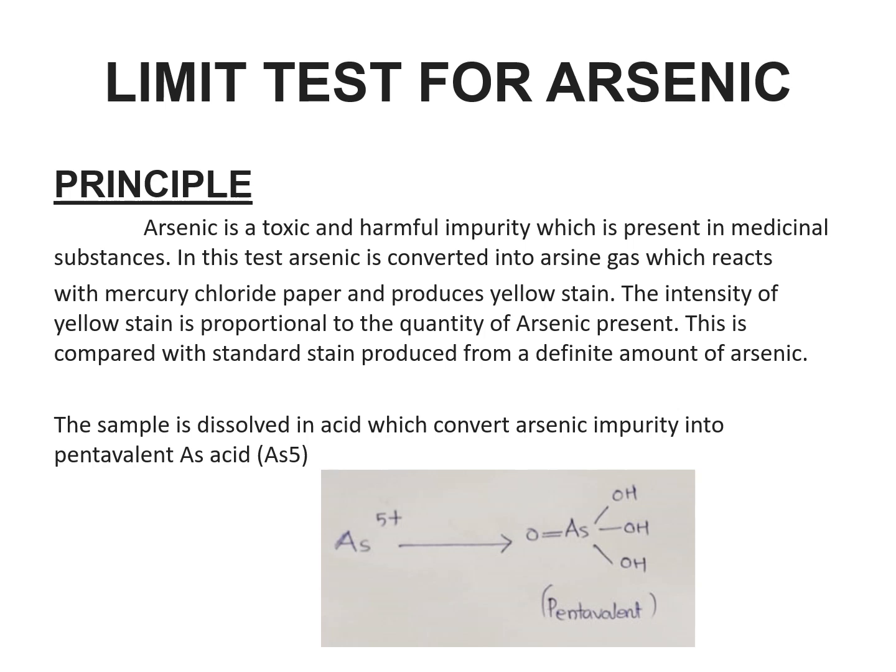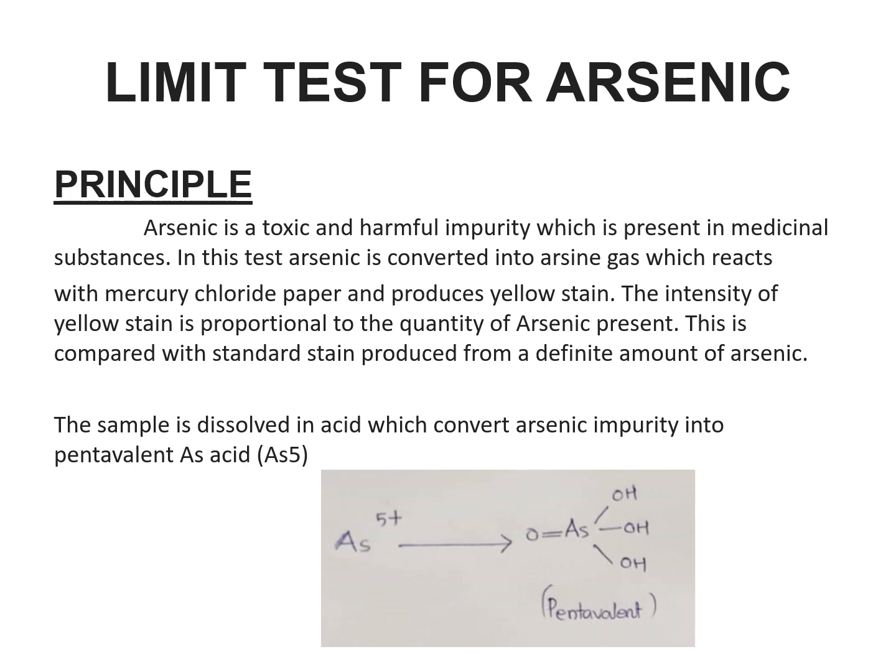This arsine gas reacts with mercuric chloride paper. This mercuric chloride paper is sandwiched between two rubber bungs in the Gutzeit apparatus. The arsine gas comes into contact with the mercuric chloride paper and forms a yellow stain. So here we are comparing the intensity of the yellow stain.